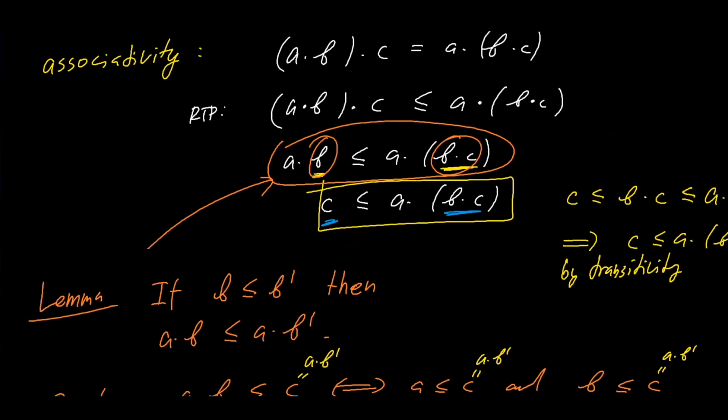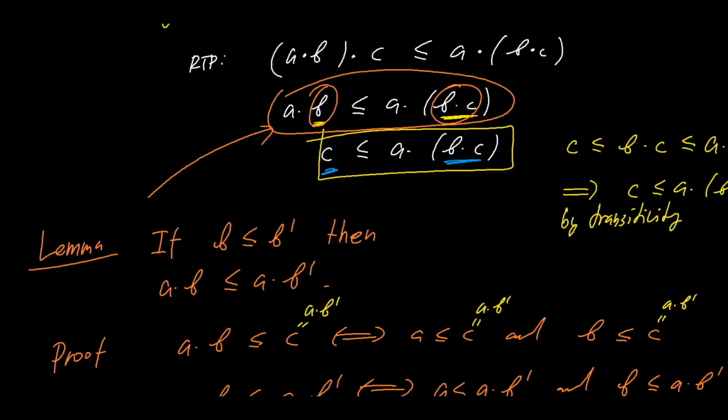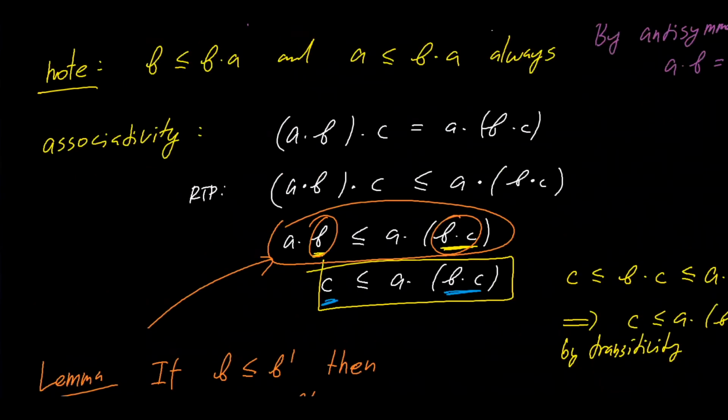So remember, we already know commutativity. And we also know that this is true for all A, B, C. So if we prove this, and we did prove that, right?